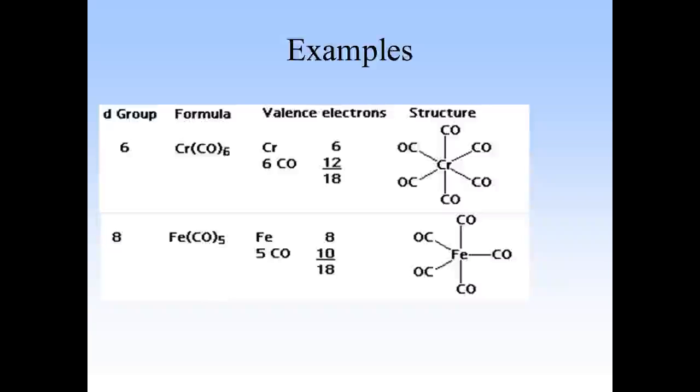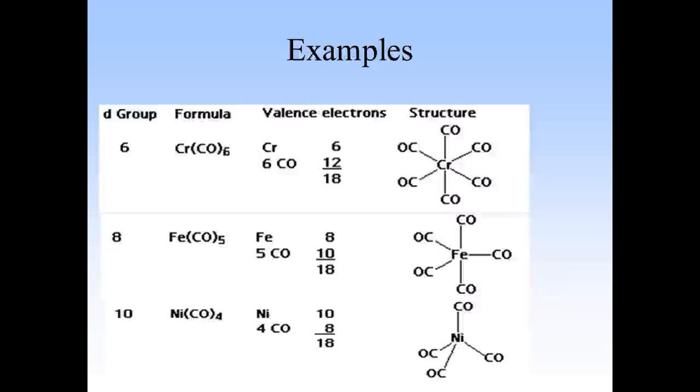Then we come to the next example, Fe(CO)5. So 8 valence electrons are present in the case of iron. The electronic configuration is 4s2 3d6, therefore 8 valence electrons, and 5 carbon monoxide ligands. Each carbon monoxide donates 2 electrons, so the total is 18.